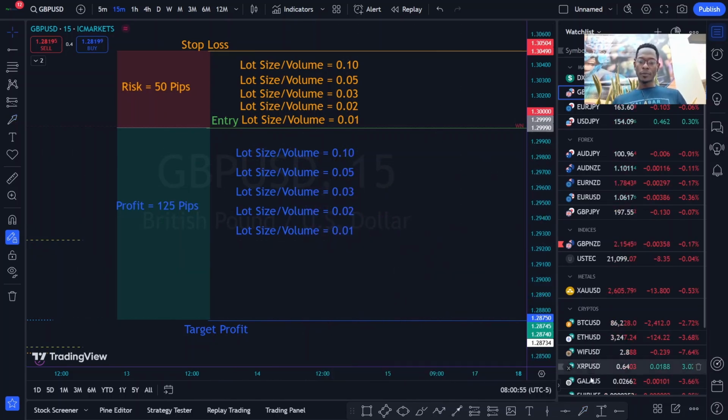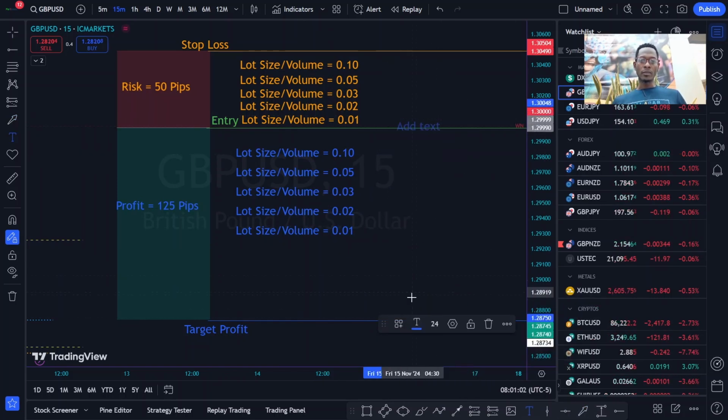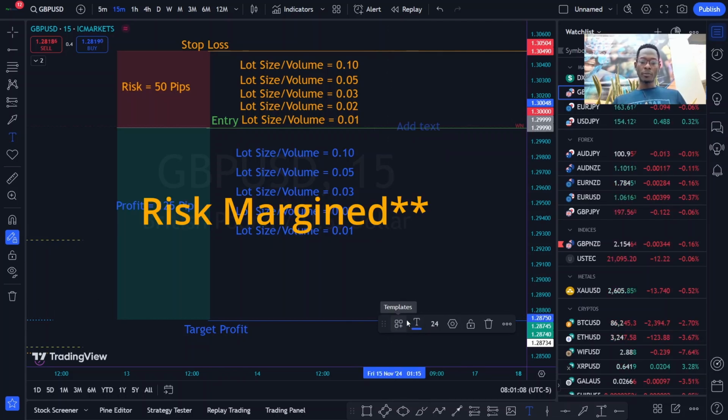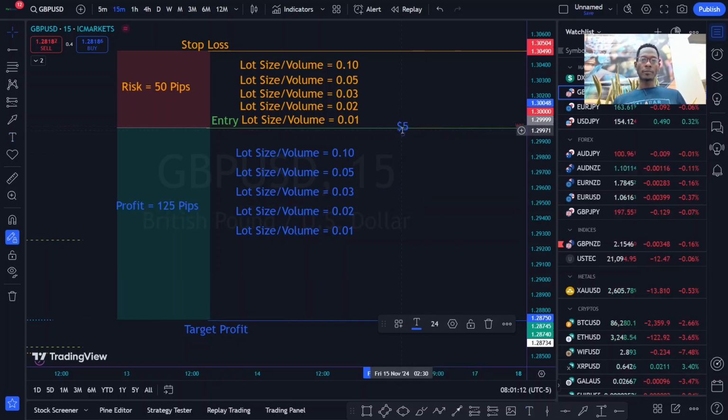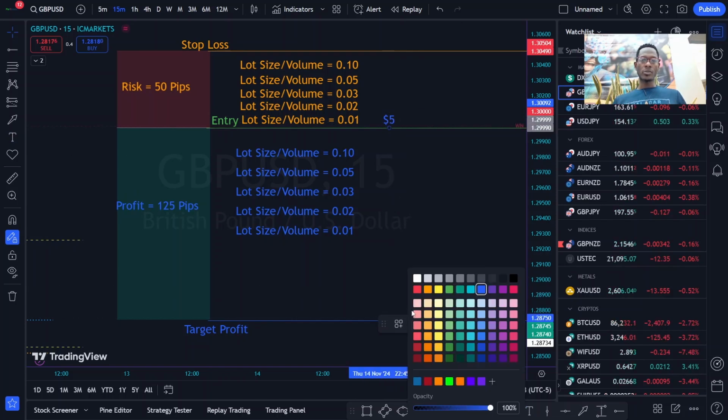So, for instance, when we are risking a lot size of 0.01, our profit margin can be $5. Right, so now let's change this to orange.